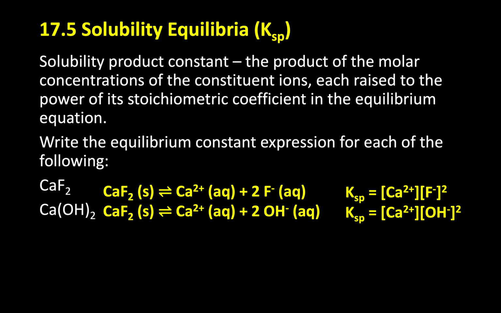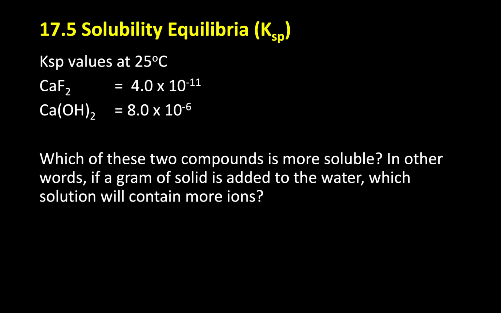All right, here they are. Okay, so let's give these Ksp values a think here. If we have calcium fluoride with a Ksp value of 4 times 10 to the negative 11, calcium hydroxide is 8 times 10 to the negative 6. Now, if you look over at the solubility rules on the back of your periodic table, it'll say that calcium hydroxide is somewhat soluble.